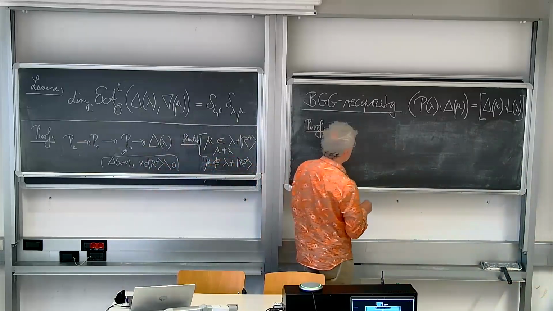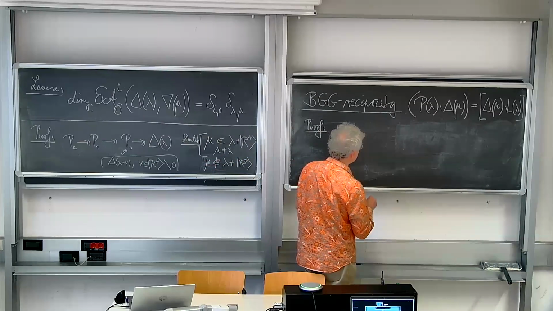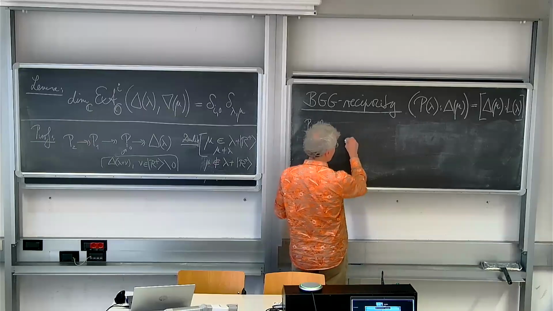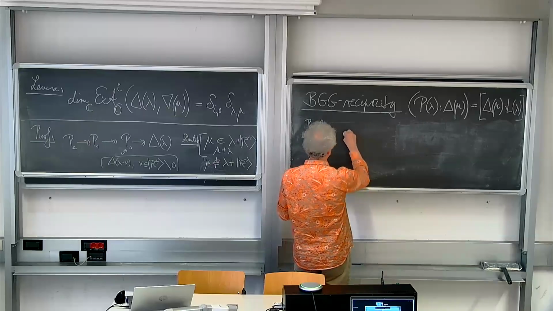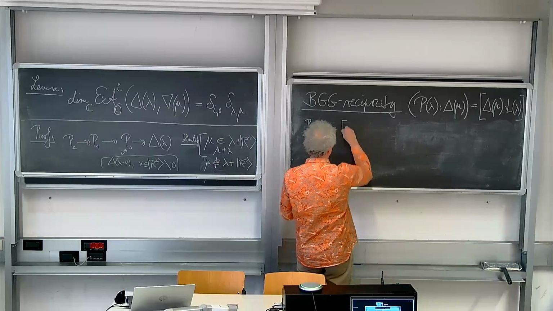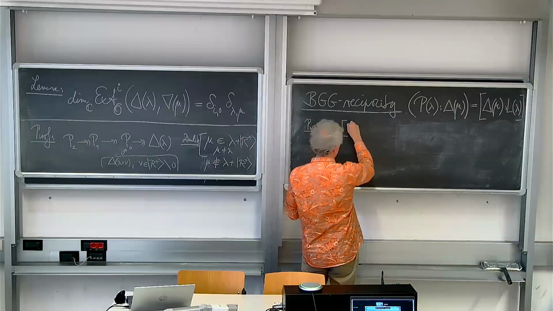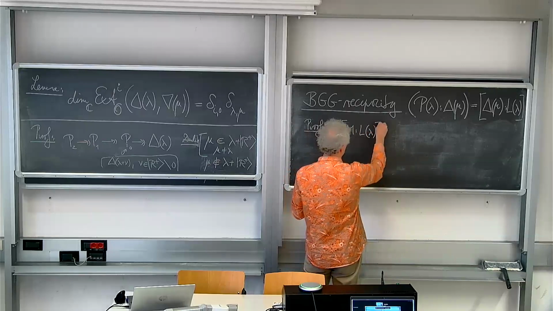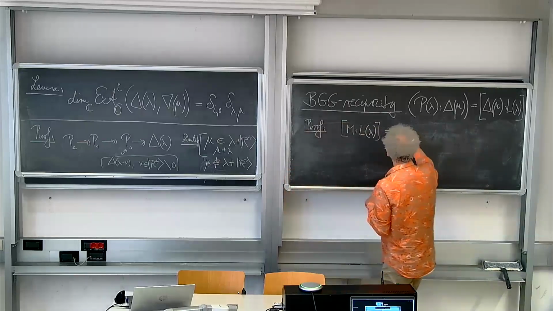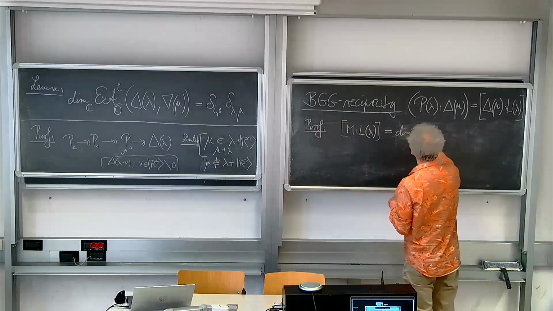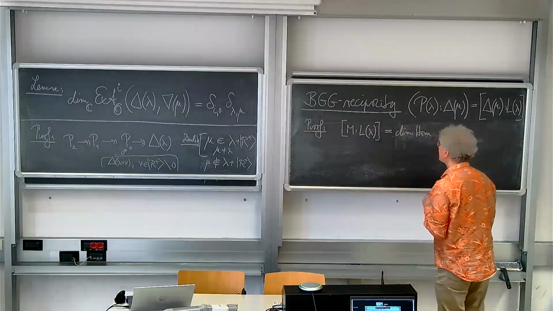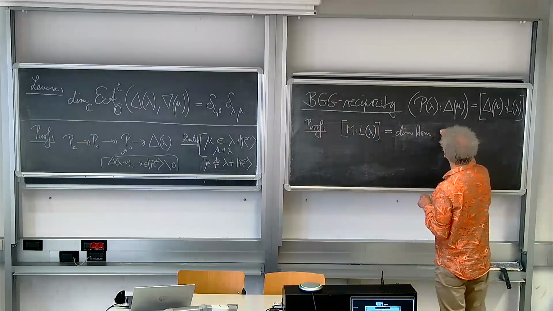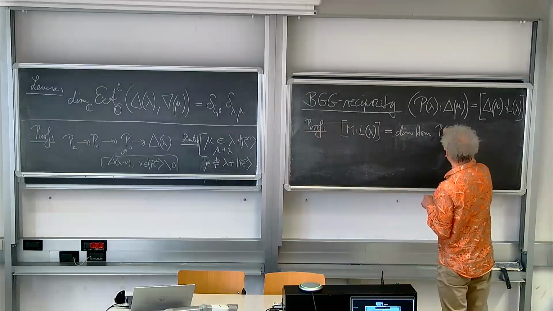I think the first thing I have to check is that the multiplicity in M of a simple L lambda is just the dimension of homomorphisms from the projective cover of L lambda to M.